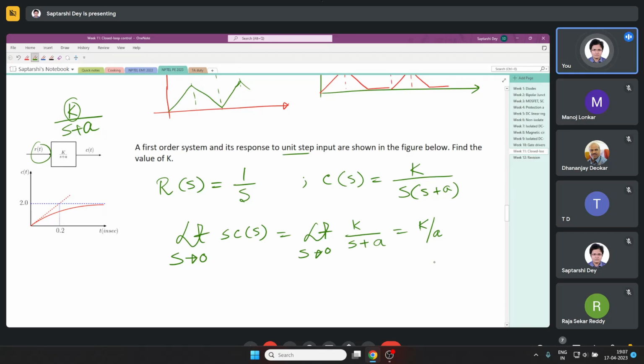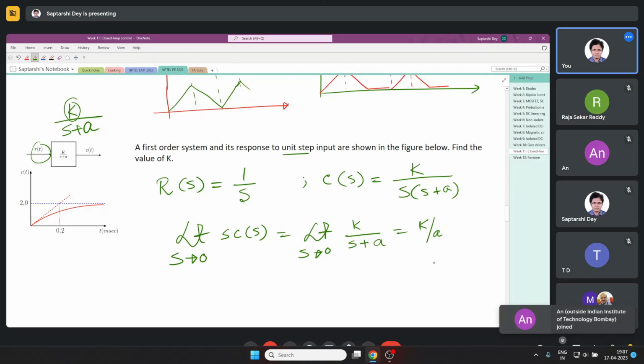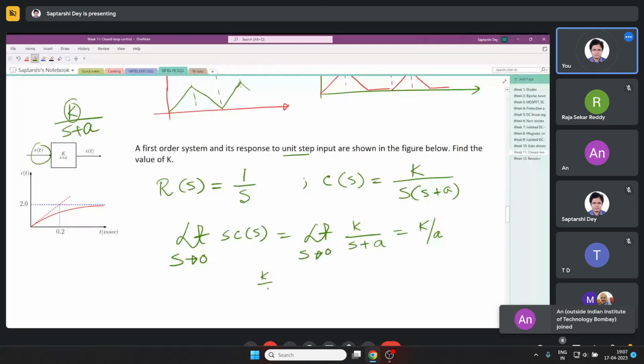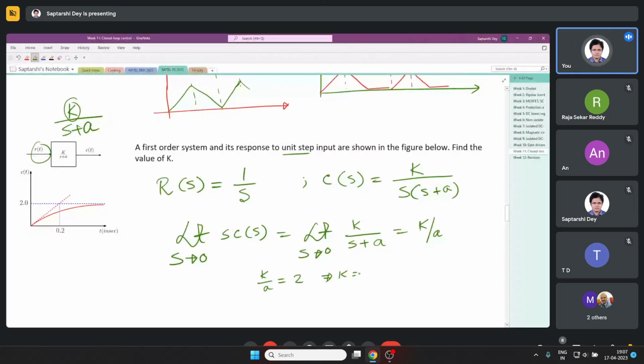I was thinking k will be equal to 2. So what we get is k by a is 2. So k equals to. Is it correct? I am thinking something is wrong here.